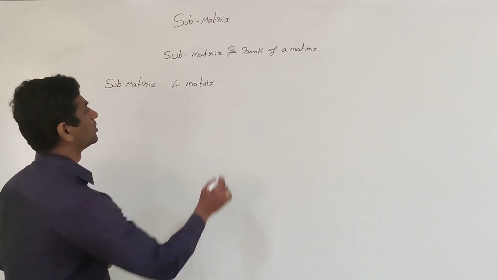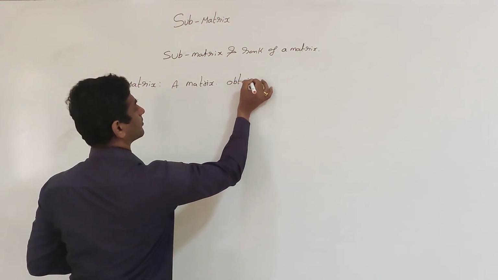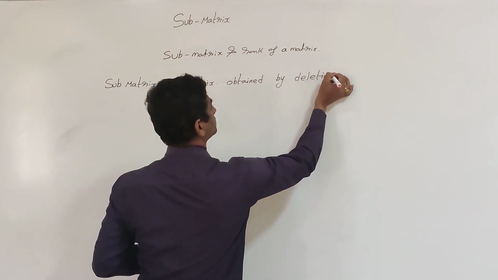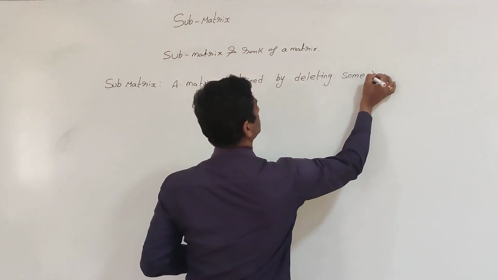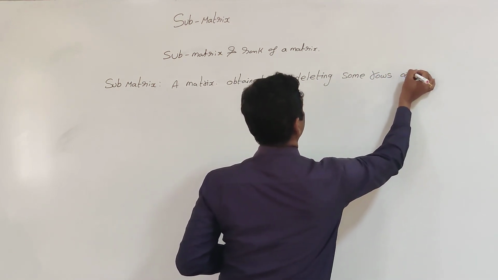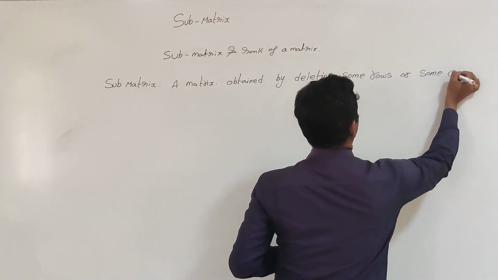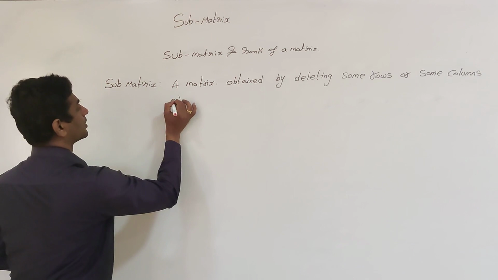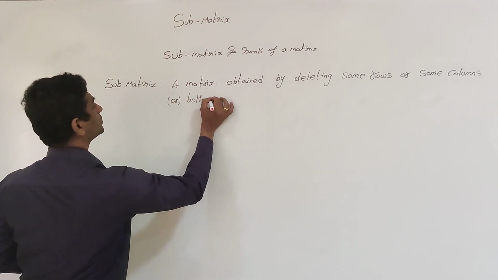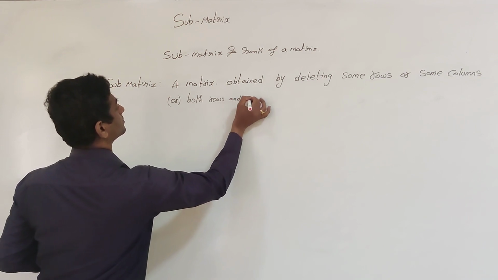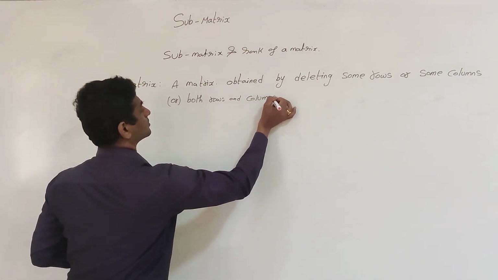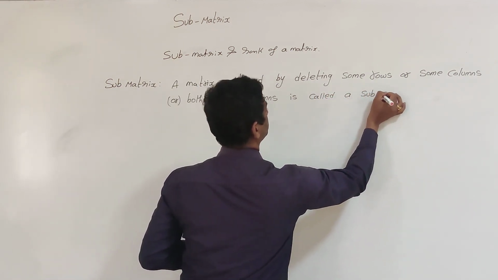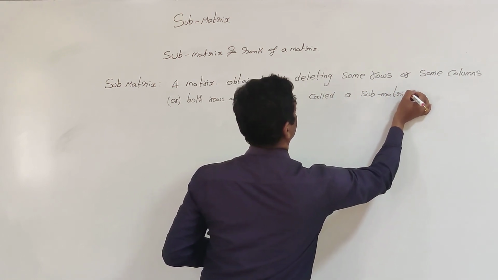So a matrix obtained by deleting some rows or some columns or both at a time, or both rows and columns, is called a submatrix of A.